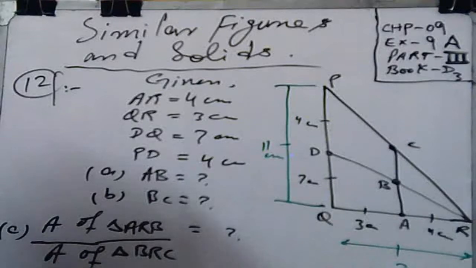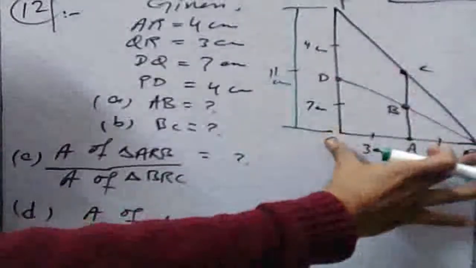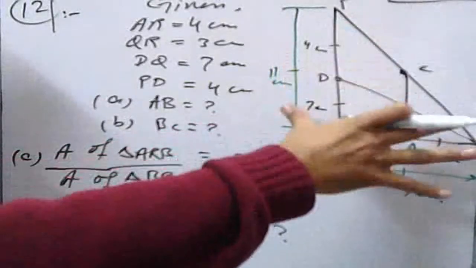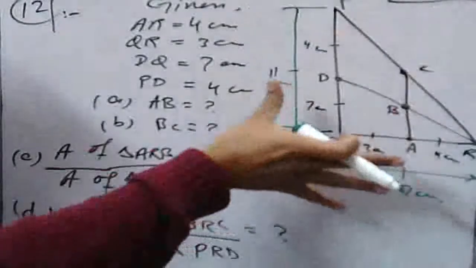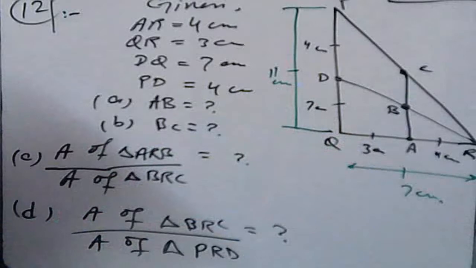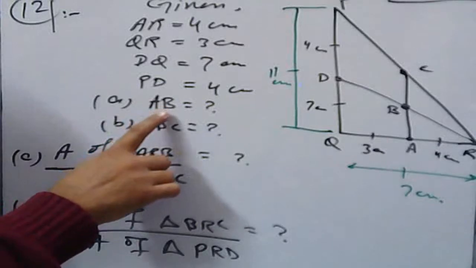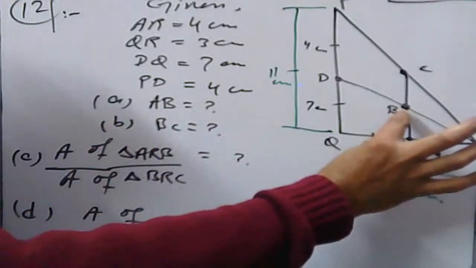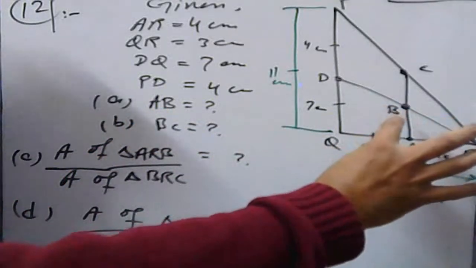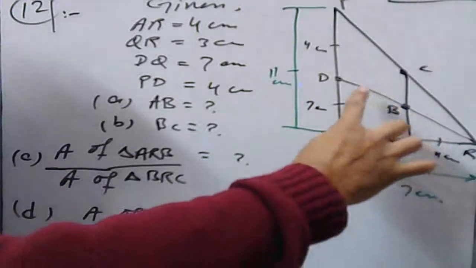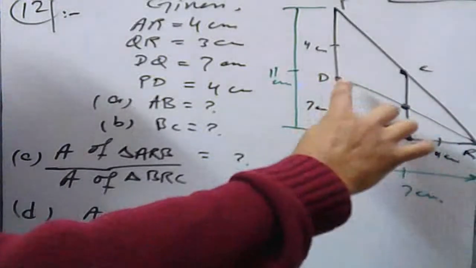So that is your 11 centimeters. Similarly, the whole distance from here to here will be equal to 7 centimeter. So for the bigger triangle we use the full length, full height, full base. So that's why we have simplified it here in this way.